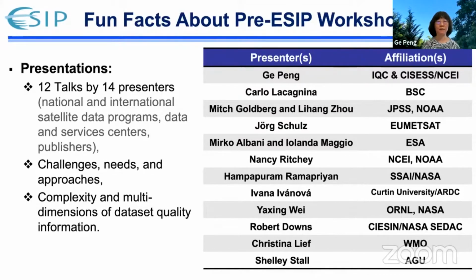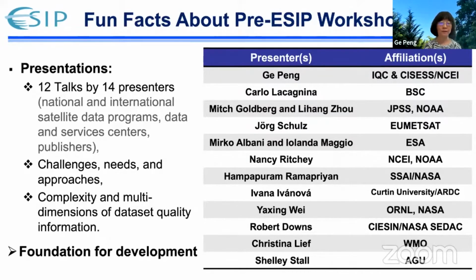The idea is to have a sampling of challenges, needs, and approaches in different organizations and associated with different roles, to give attendees an overall review of the complexity and multi-dimensional nature of dataset quality information, and to set a solid foundation for developing the guidelines.